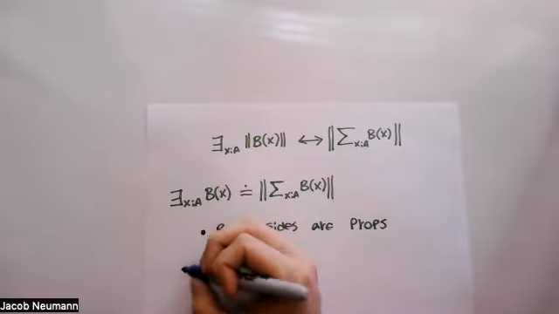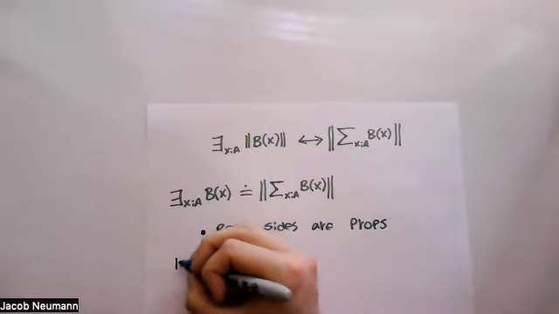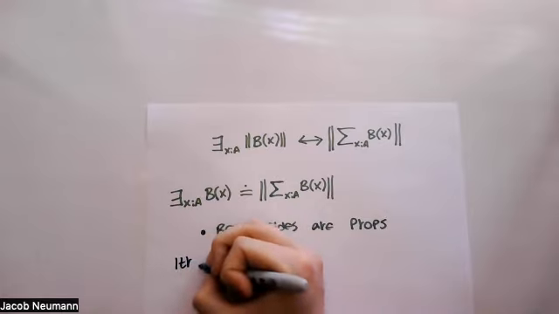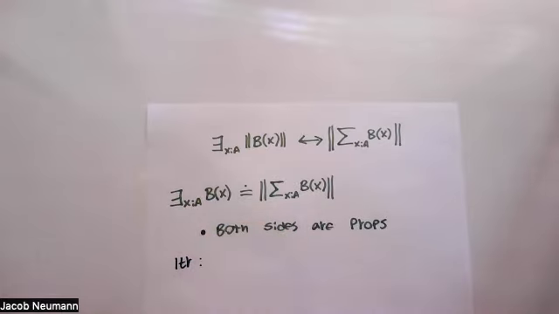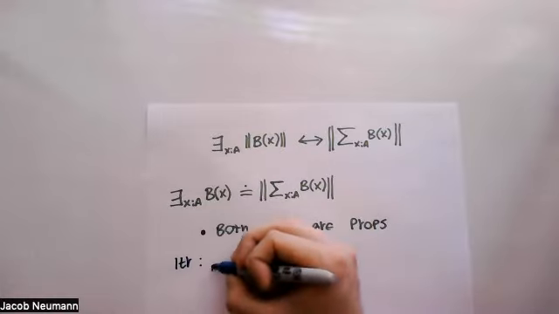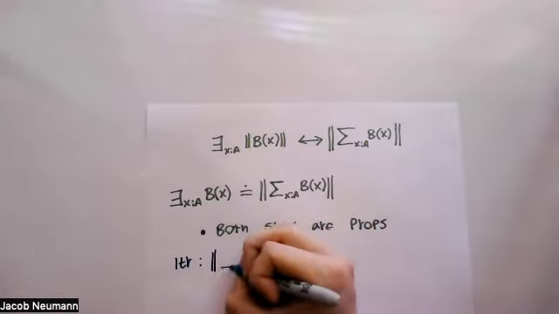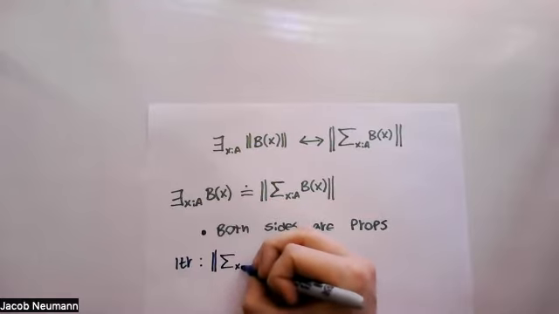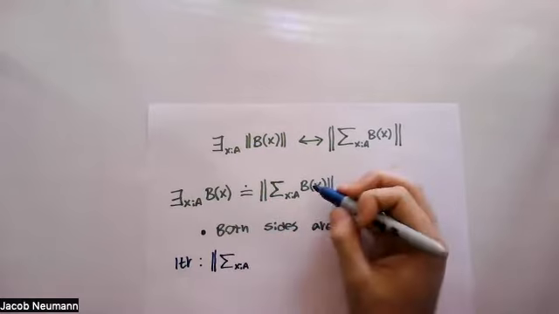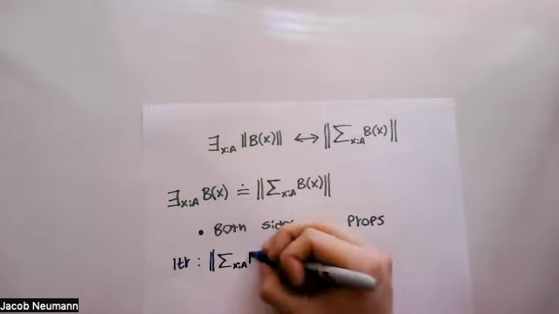Our map, which I'll call left to right, needs to take something of this type. I'll spell that out as the truncation of sigma x in A, and then we also have a truncation on the B of x.